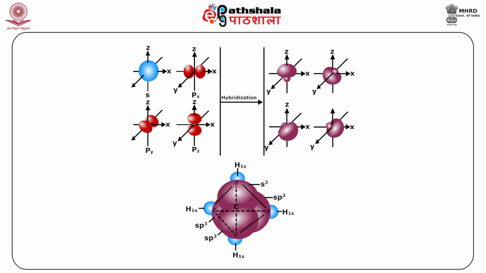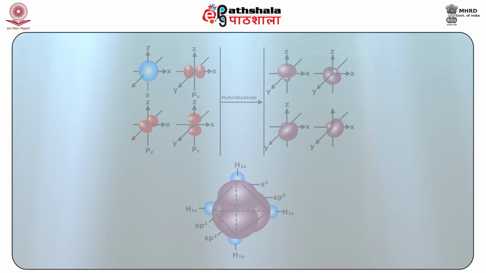The hybridization of 1s and 3p orbitals leads to the four sp3 hybrid orbitals for the bonding. This has been represented in the figure, where the hybridization of 1s and 3p orbitals to give sp3 hybrid orbitals in the methane CH4 molecule is shown.